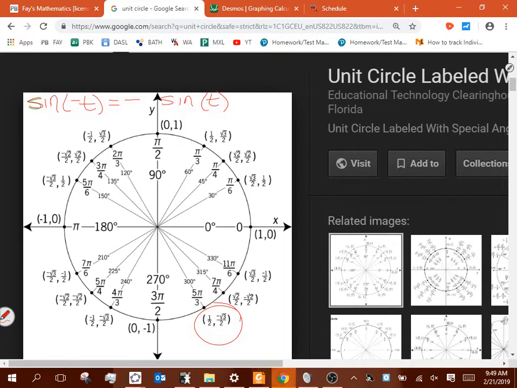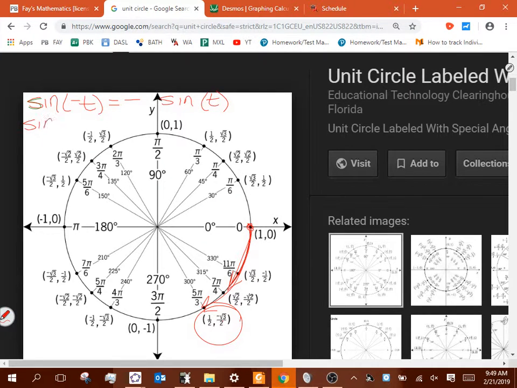Well, if I take sine of negative t, it would be going that direction, right? Now, I can pick off any one of these angles that I want to, from 0 all the way up to negative 2 pi. But let's just say I'm going to look at negative 5 pi over 3. Sine of negative 5 pi over 3, and it's negative root 3 over 2, right? Okay. Well, is that going to be the same thing?